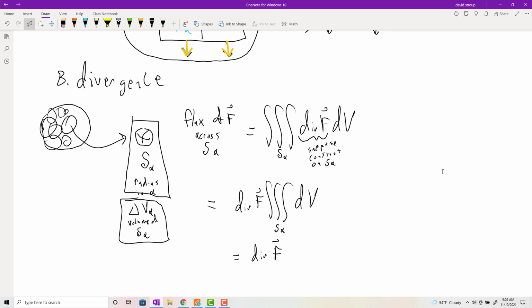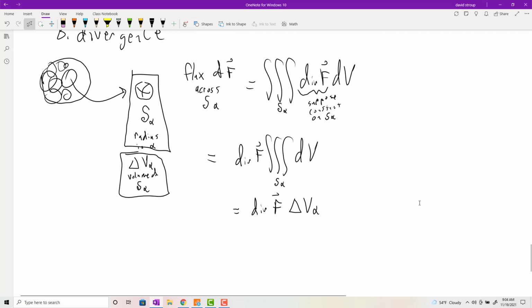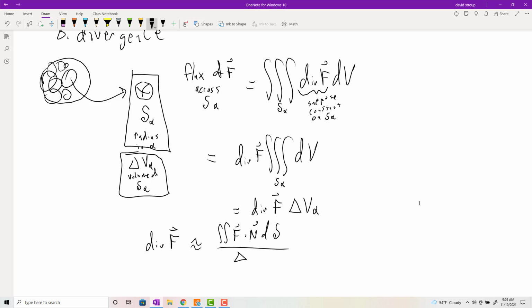So the flux of F across the surface of this little sphere is going to be the divergence at that point times the volume of the little sphere. And of course, we take the limit as alpha goes to 0 and solve for divergence. We have flux divided by basically the volume of the sphere. Okay. So you kind of get a limit definition for the divergence ultimately.